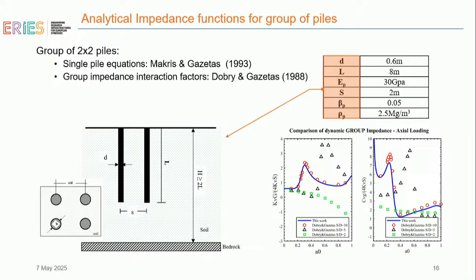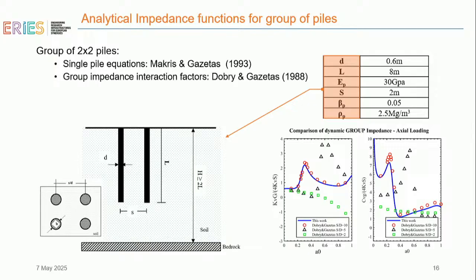If we write down the equations, including inertial and kinematic interaction for this pile group, and we test them against the traditional or analytical equations that people use, we can see that our equations produce this blue line here, and the red and green curves and black triangles are the analytical formulation.